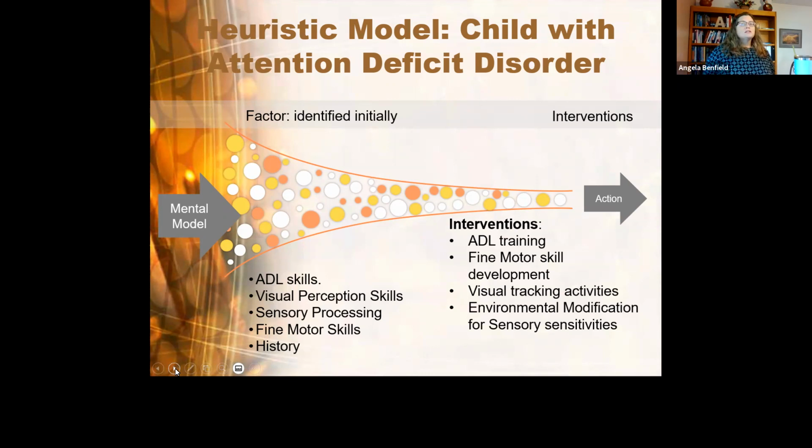And when they also really reflected on what interventions they were using with their clients, every intervention that they were using mapped on to one of these factors that they had identified as causing or influencing their ability to function and participate in life's activities.